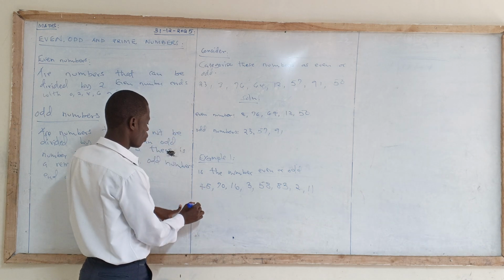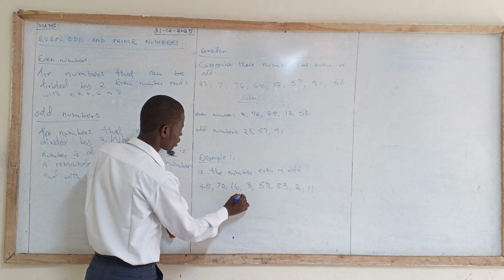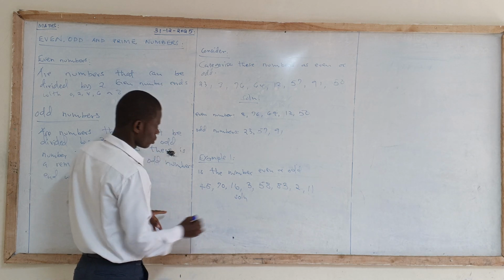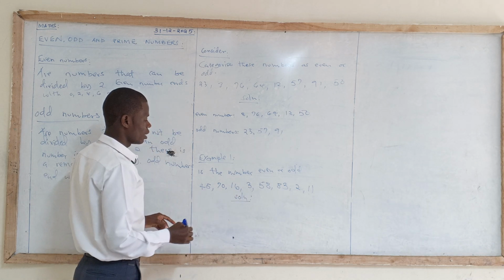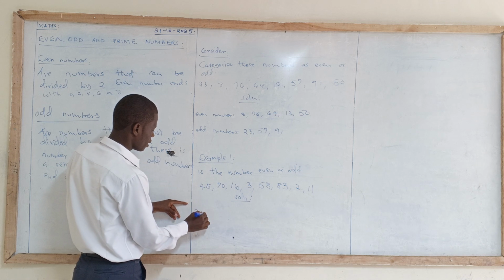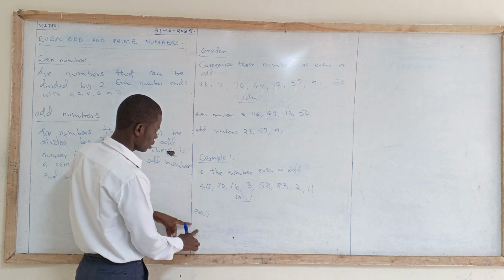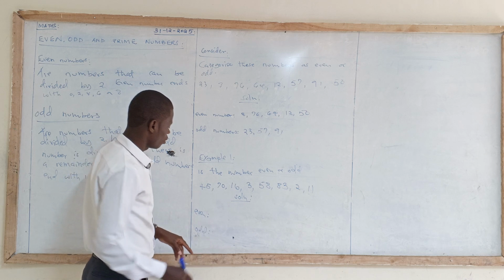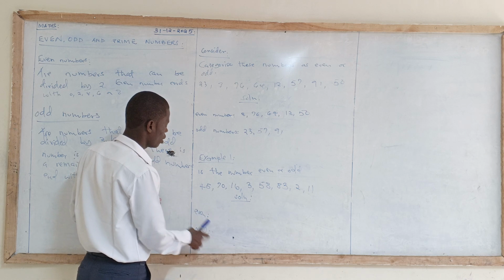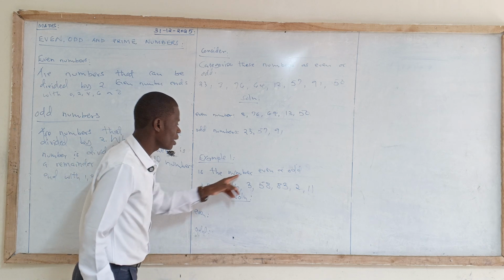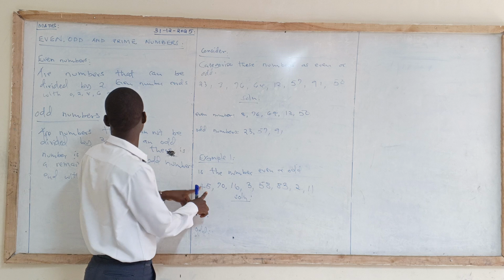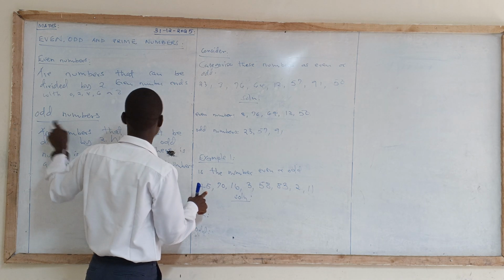So here we have our solution. Start with even numbers, start with odd numbers. Is the number even or odd? 45. 45 ends with 5, an odd number.